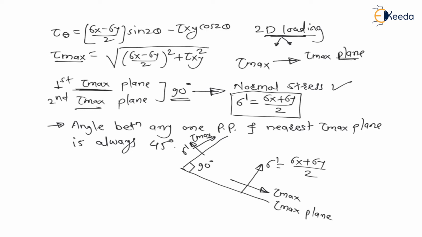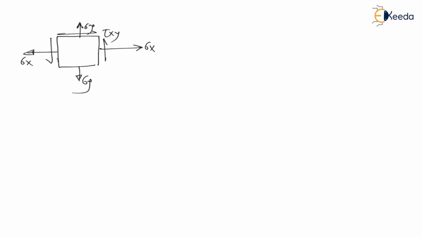Now from this we can come to some important conclusions. Let us say for such type of loading, 2D loading, this is sigma x, sigma y, and there is also shear stress, tau xy.